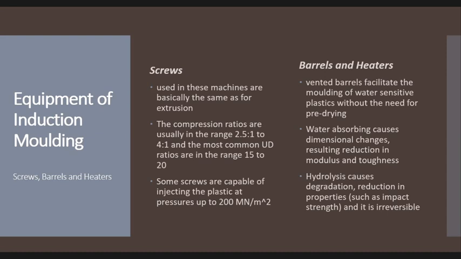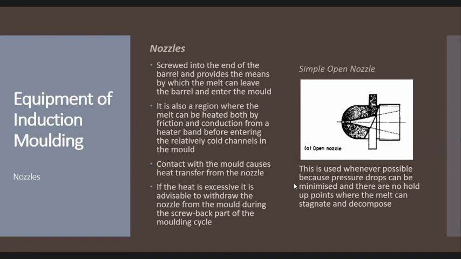Water absorption by polymers can result in dimensional changes, and there is another thing that we should look after, that is the hydrolysis process that can cause degradation. So next we have the nozzles. The nozzles are basically screwed into the end of the barrels and provide the means by which melt can leave the barrel and enter the mold.